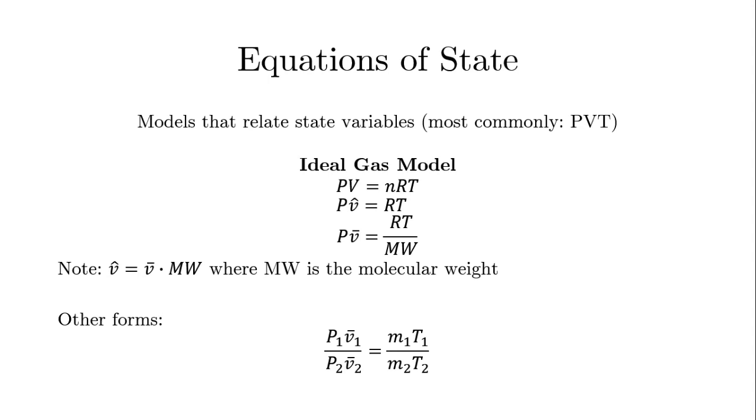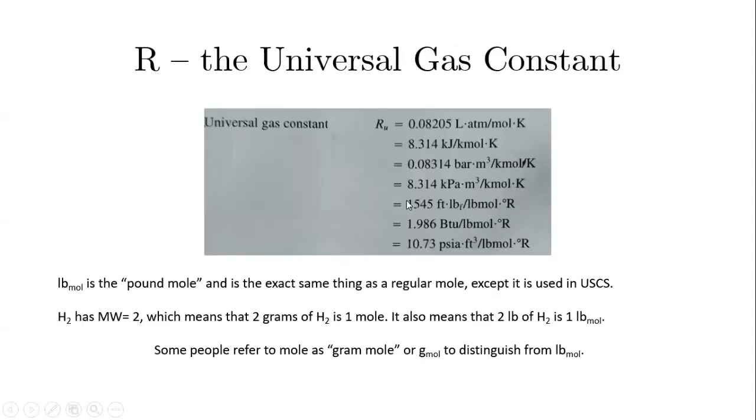And to make this work, we just used it. And so depending on your system, on your specific units, you can select the R that corresponds to it. So if I give you a question that's primarily in bars and meters cubed, use this one. If I'm giving you a question that's primarily in BTUs, use this one, etc.